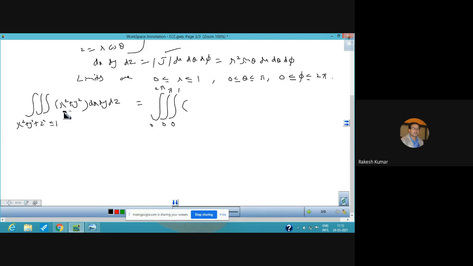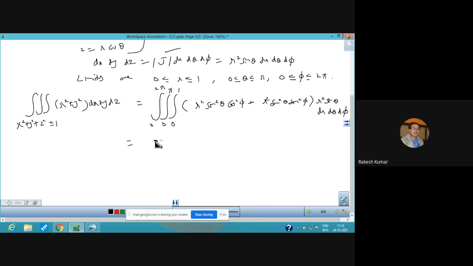Use the value of x square plus y square, that is r square sine square theta cos square phi plus r square sine square theta sine square phi, together with the Jacobian r square sine theta dr d theta d phi.